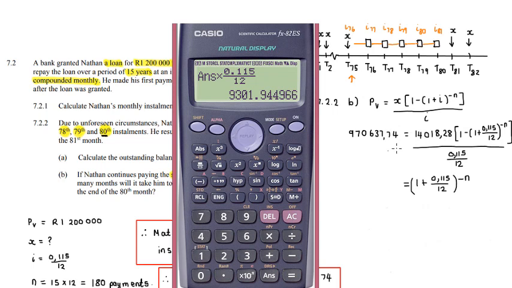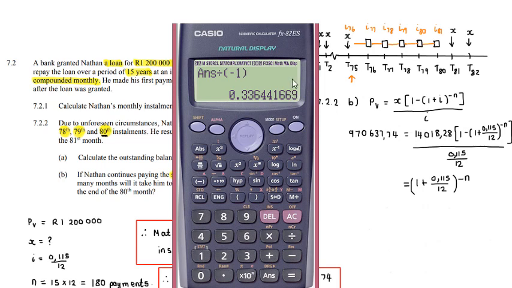You need to divide it by the monthly installment, which for us is A. We get an answer, then we need to subtract 1 from that answer. Then we end up with this negative in front of this bracket, so you're going to divide this by -1, and you get this value over here.